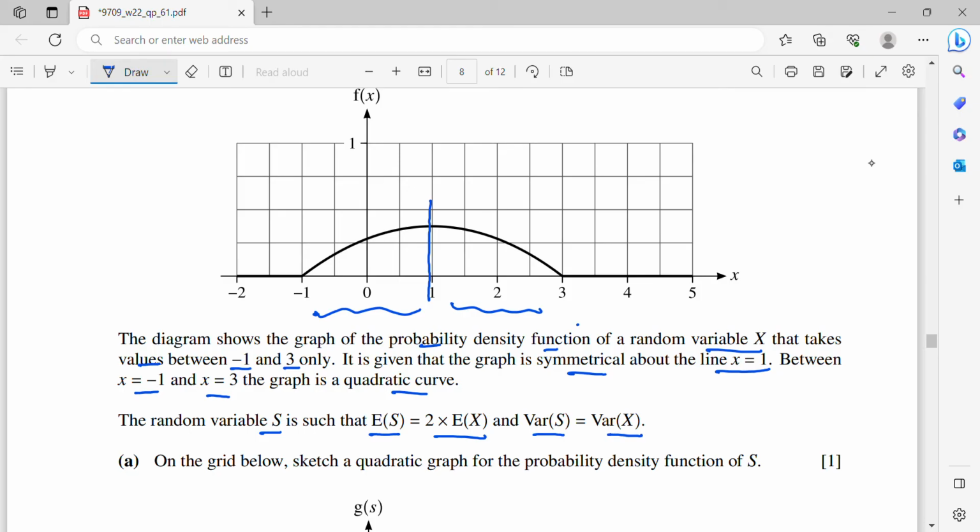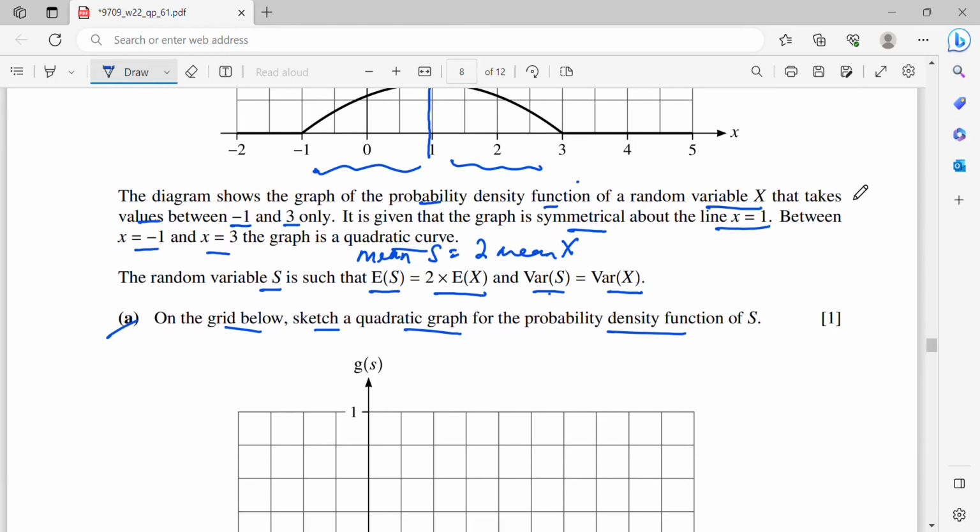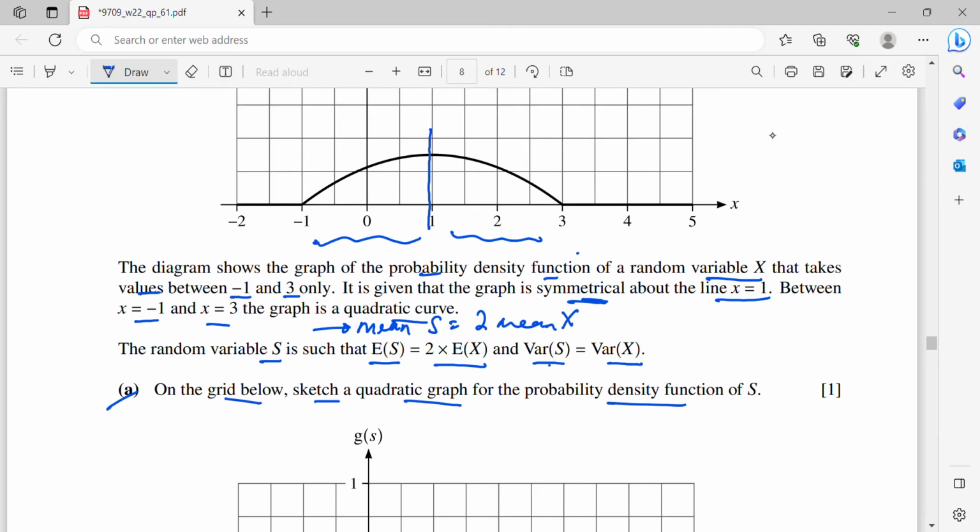Right? So expected value is actually the mean. So from here, I know that the mean of S is 2 times the mean of X. But the variance, no change. Variance is the spread measurement. Now (a), on the grid below, sketch a quadratic curve for the PDF of S. So for your information, the mean is referring to the line of symmetry.